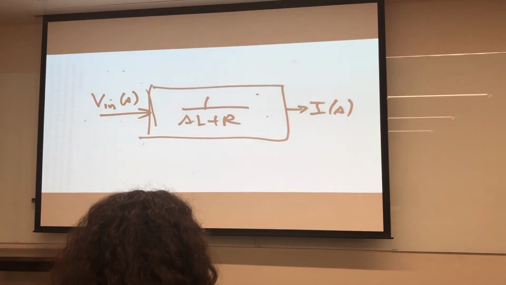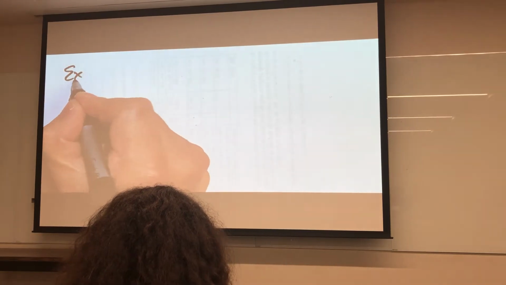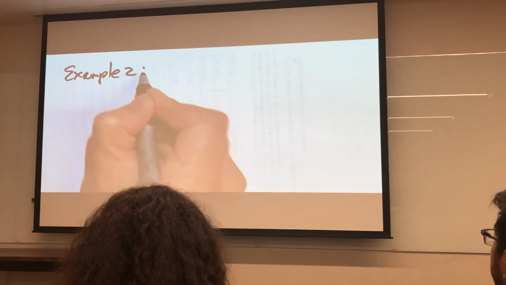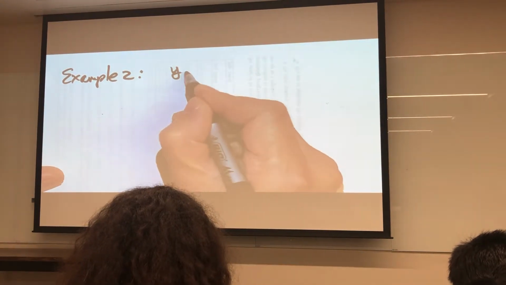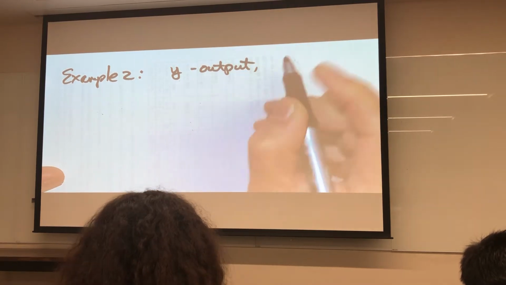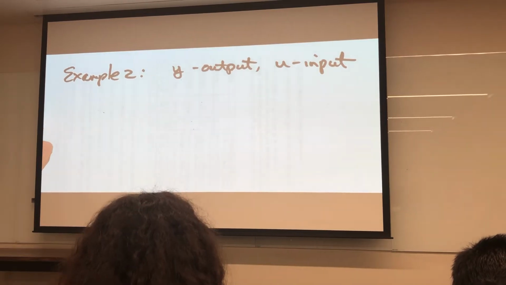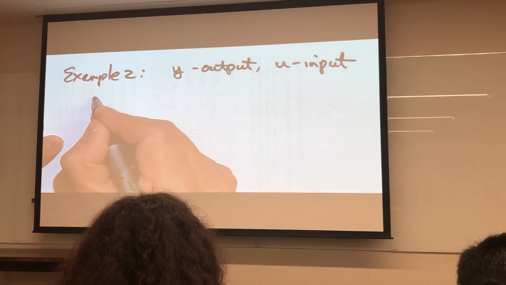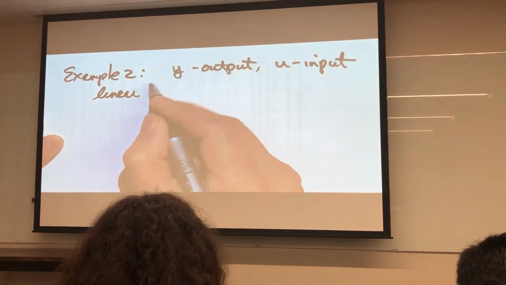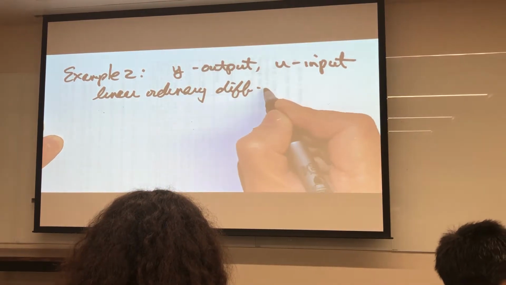All right, let's do maybe another example. Maybe we have a model where y is the output and u is the input. Okay? And it's described by an ordinary linear differential equation model.